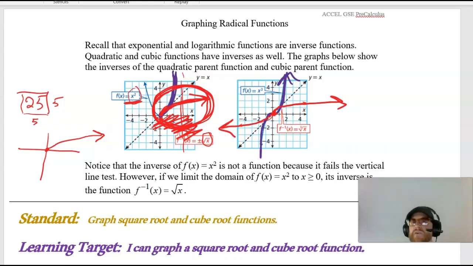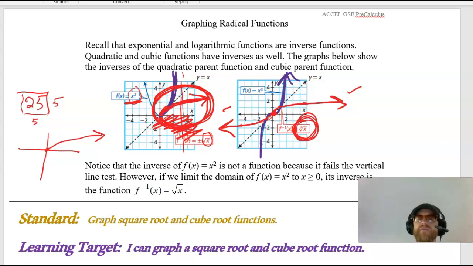So the cube root function in red goes left forever, and right forever, down forever, up forever. So the domain and range of the cubic and therefore its inverse, not very interesting. We're going to see an example of that.